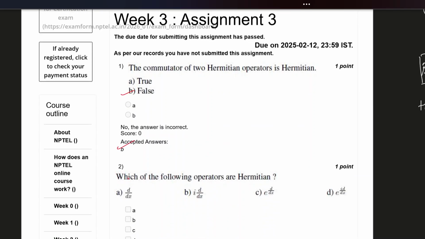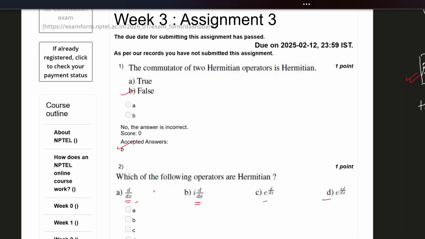Now question number 2 is, which of the following operators are Hermitian? Again there are 4 options given, and you have to check whether the operator satisfies this relation; then it would be Hermitian, and if not, it will not be Hermitian. Out of the 4 options you don't have to solve all of them, because d by dx is a derivative operator with respect to x, and i d by dx is almost similar except for the i factor.